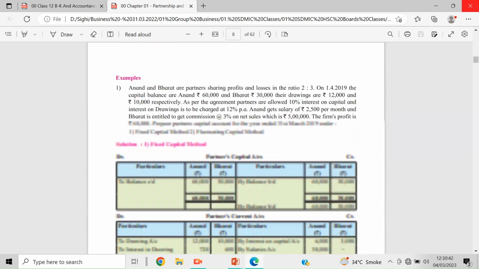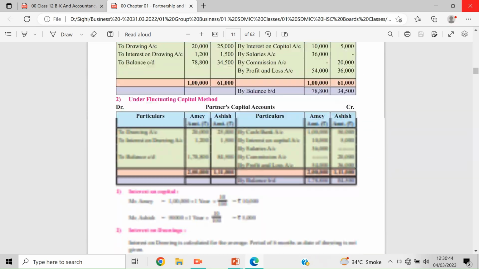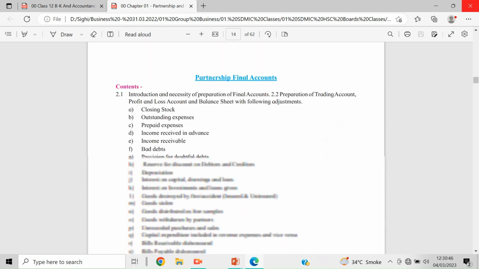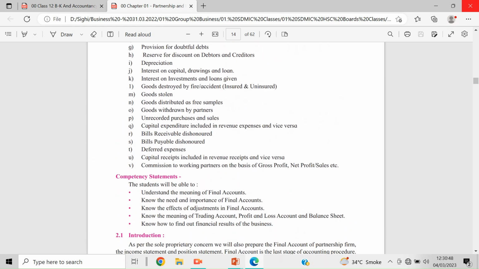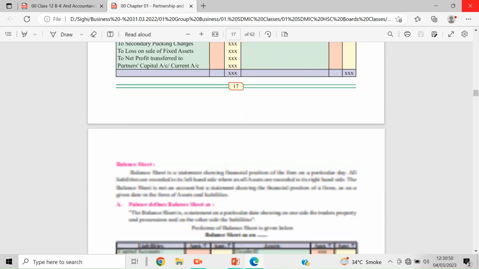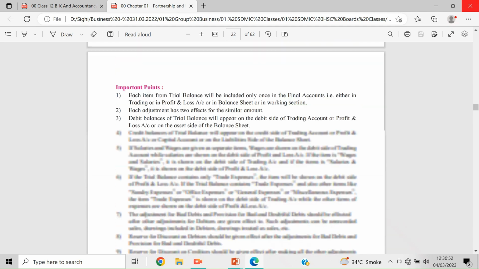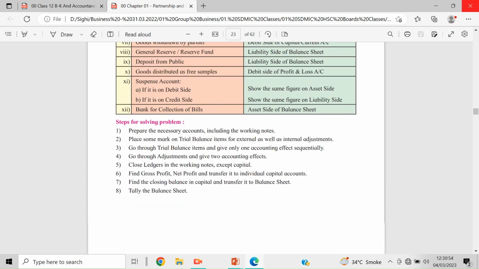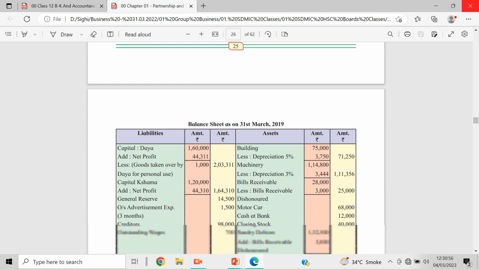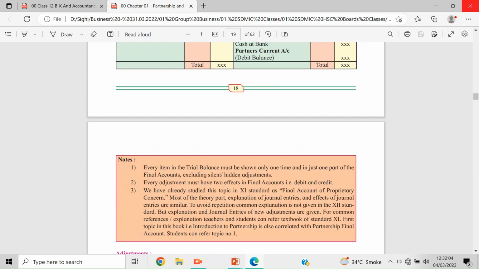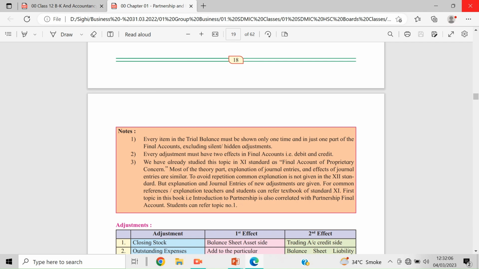So let us see the things we explained: important adjustments in final accounts. We have already learned these things. Remember, I have explained this in several parts, almost 5-6 parts.